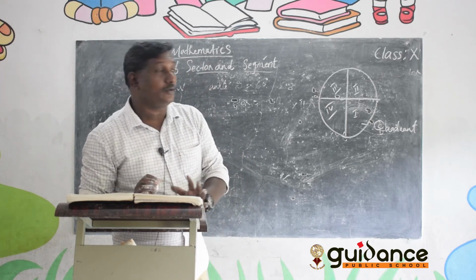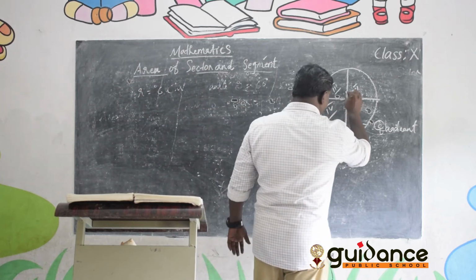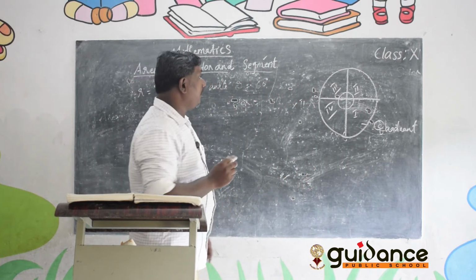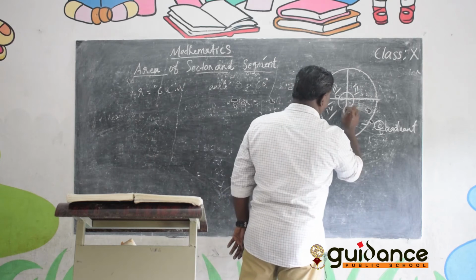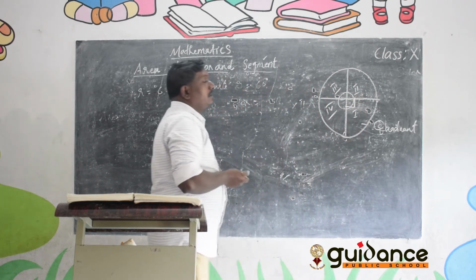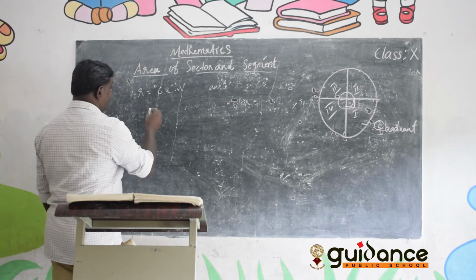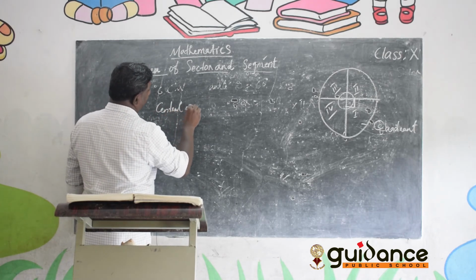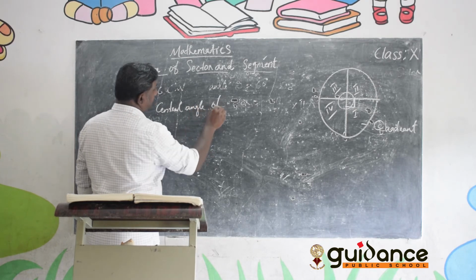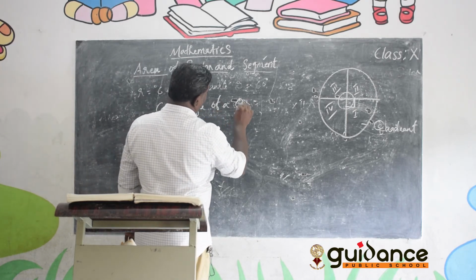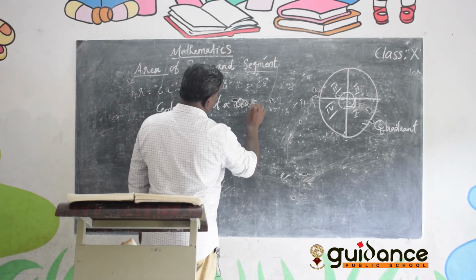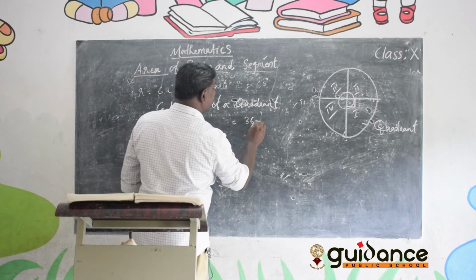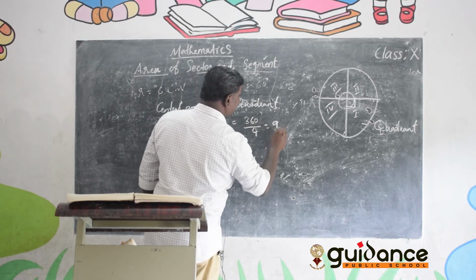From this we have to identify the center angle. The total angle is 360 degree. Then what will be the center angle of one quadrant? The center angle of a quadrant equals 360 by 4, which is 90 degree.